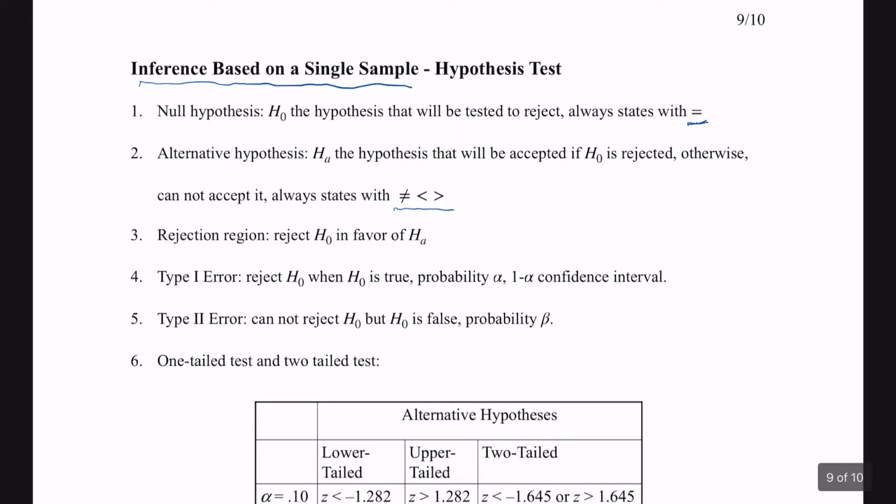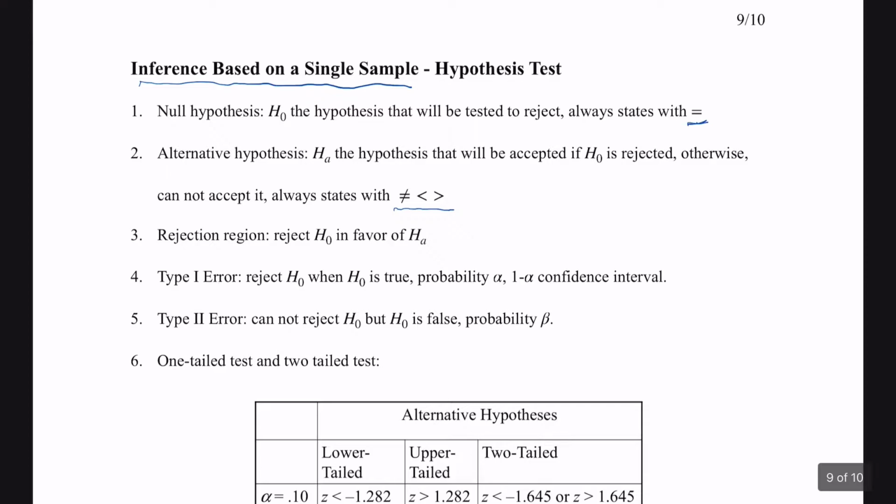For example, if a question says we want to find out if the mean height of a group of people is bigger than 1.7 meters, then your alternative hypothesis should state what you want to study: that the mean is bigger than 1.7.